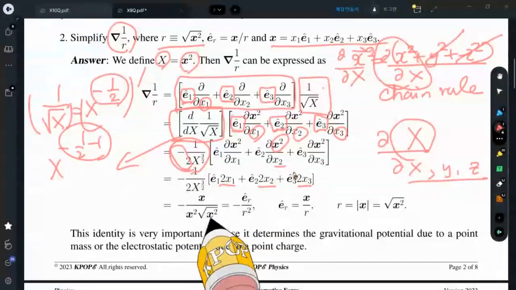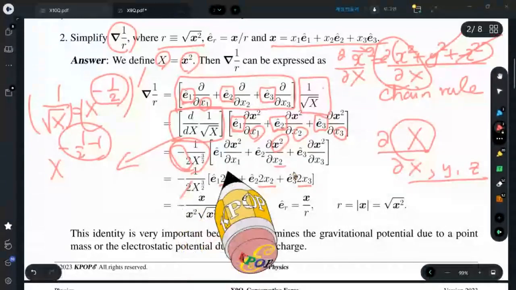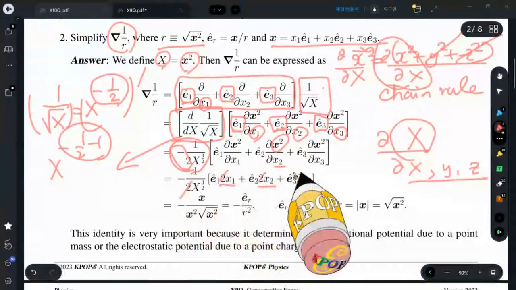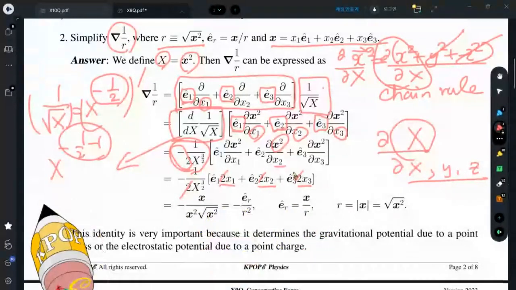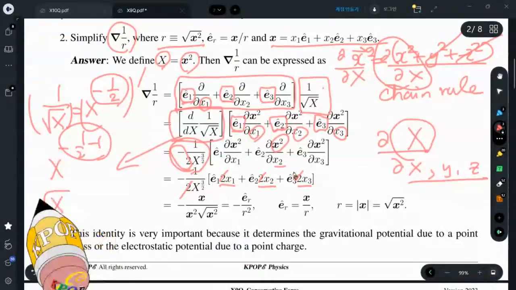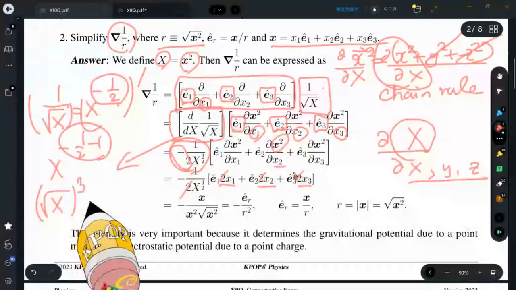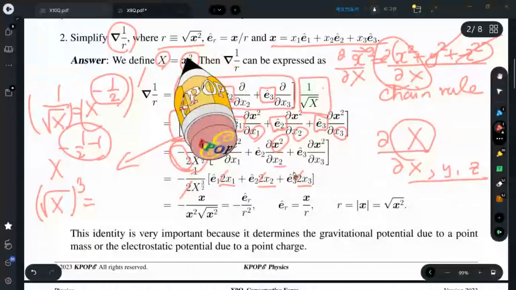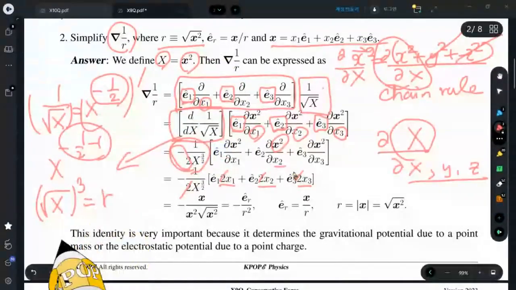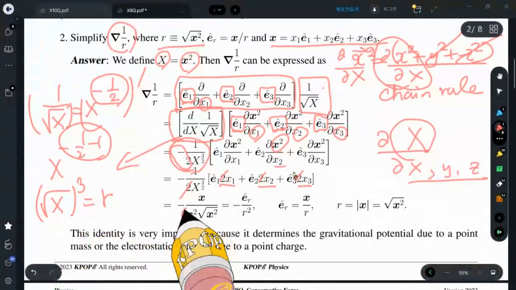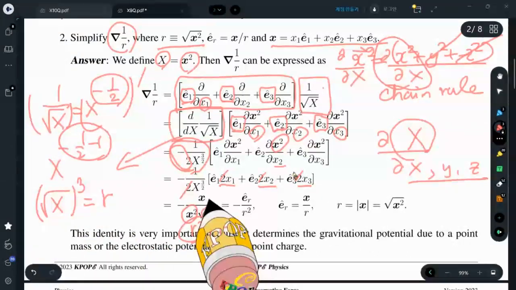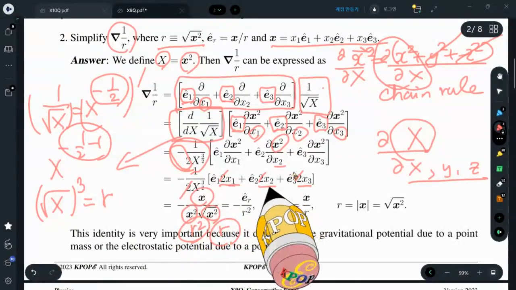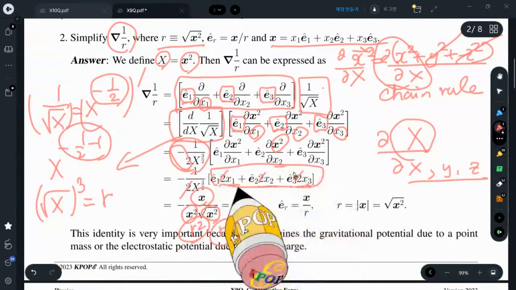So finally, these 2s cancel. And what's that? This is the square root of capital X cubed. And the square root of capital X is nothing but r. So this is r squared, and this is r, so r cubed. However, we have the numerator, this vector. What's that?